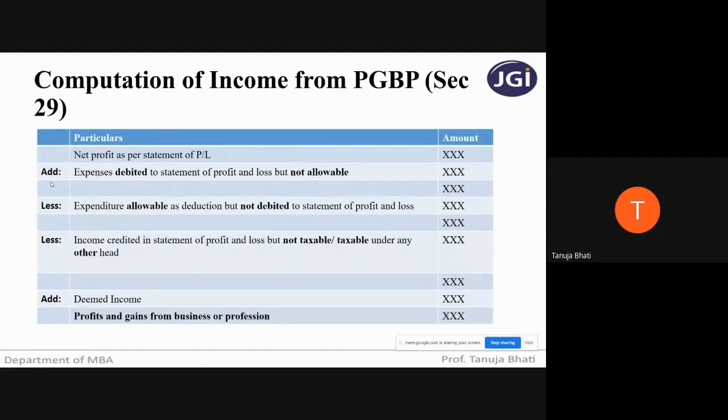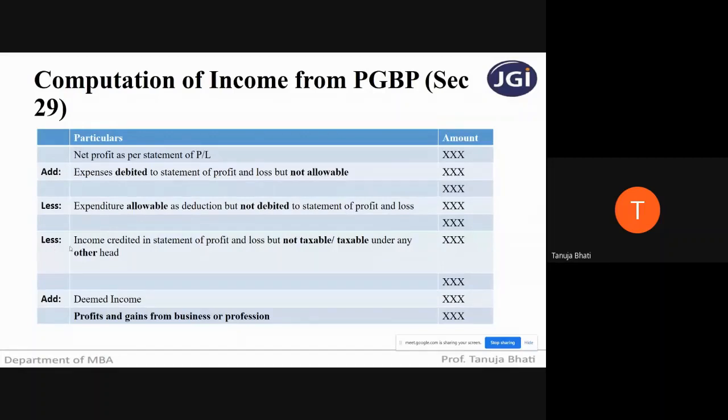To that, we are going to add all the expenses which are debited to the P&L account, but as per the Income Tax Act, such expenses are not allowed to be deducted. We are going to less all the expenditures which are actually allowed as per the Income Tax Act, but were skipped or omitted to be debited to the P&L account.